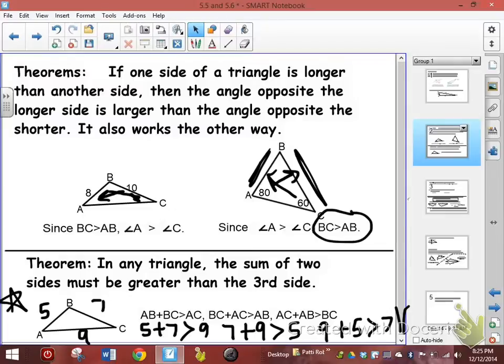But a shortcut, when they actually just give you the actual numbers, like 5, 7, and 9, is as long as you did the smaller numbers adding up to something bigger than the longer one, then the others will work also. But that only works if they only give you the numbers. So if they give you algebra stuff, you actually have to set up all three situations.